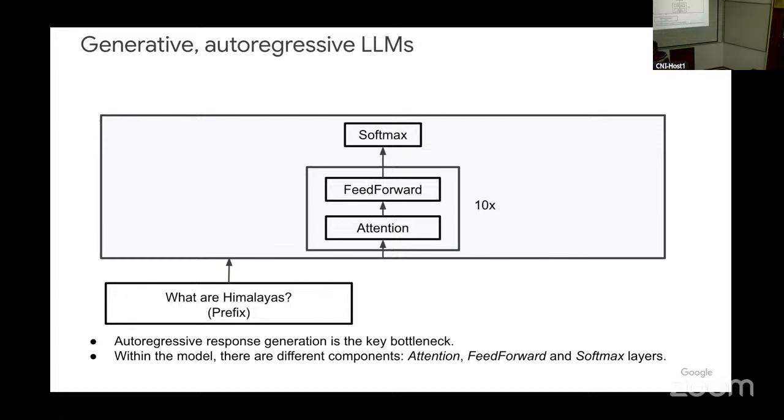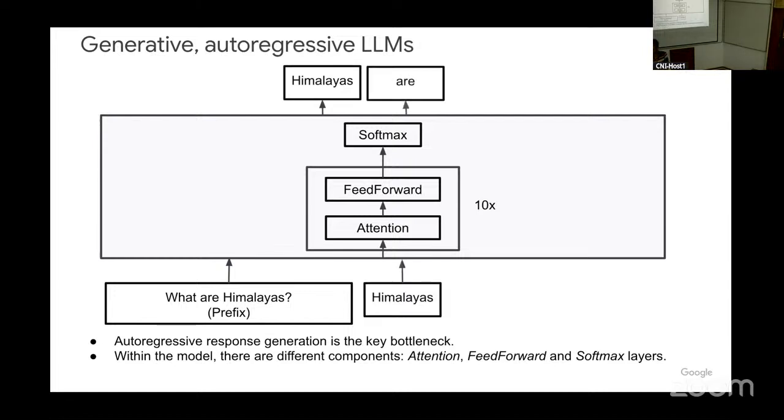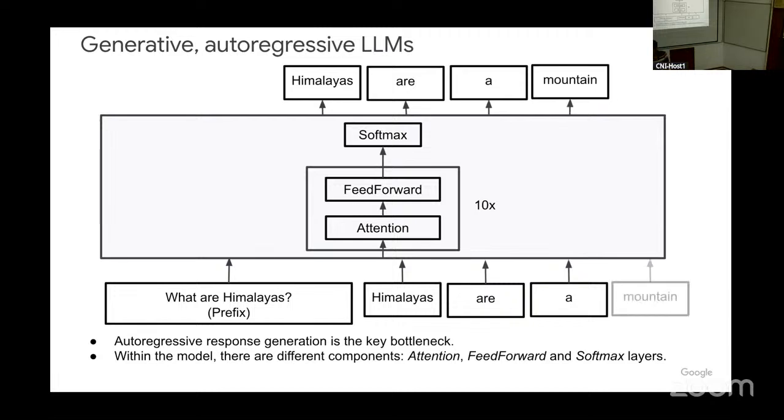With this prefix, it outputs the first response token, it only predicts the next token. That will be, let's say, "Himalayas", and only after we see what this token is, we give it as an input, and then it will produce the next token, which is maybe "are", and then we again give it as an input, and then it eventually gives an output, right?